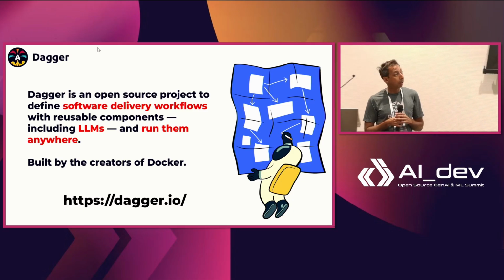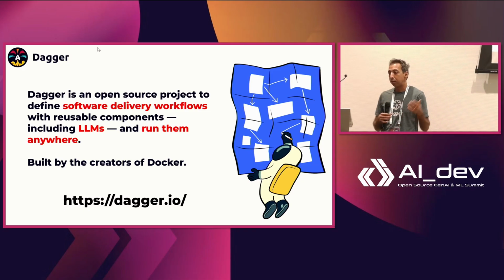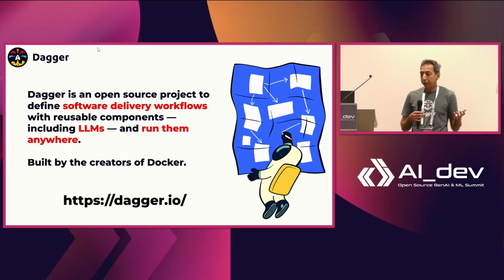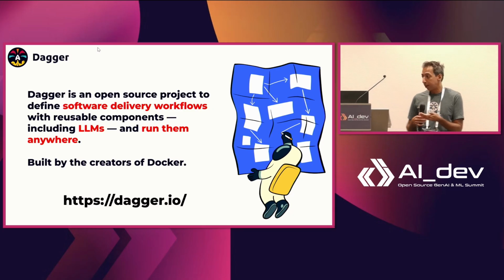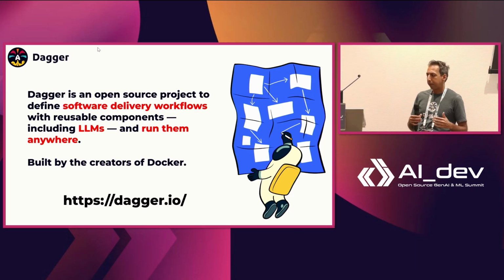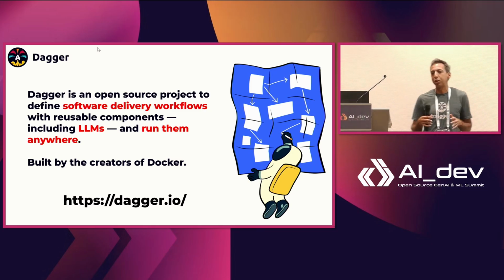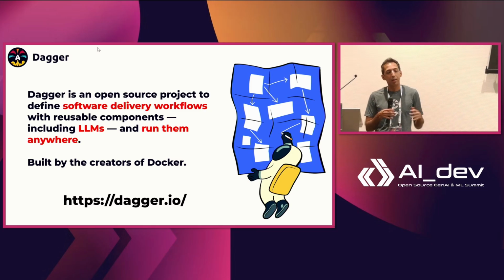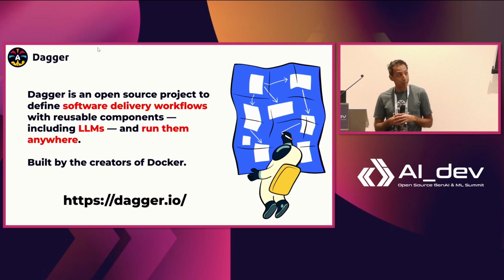So for example, let's say your Dagger pipeline needs to upload a built binary to Amazon S3. You can import that Amazon S3 library for your language into your code, just like you would import a normal package, and use it as part of your pipeline. So it gives you access to an entire ecosystem of packages which are already available, tested, supported, and you can very easily use them.